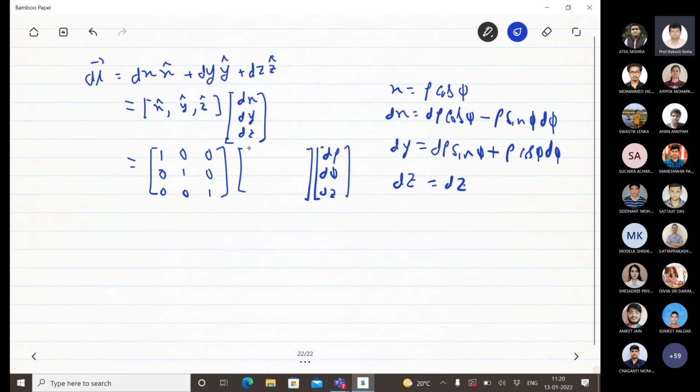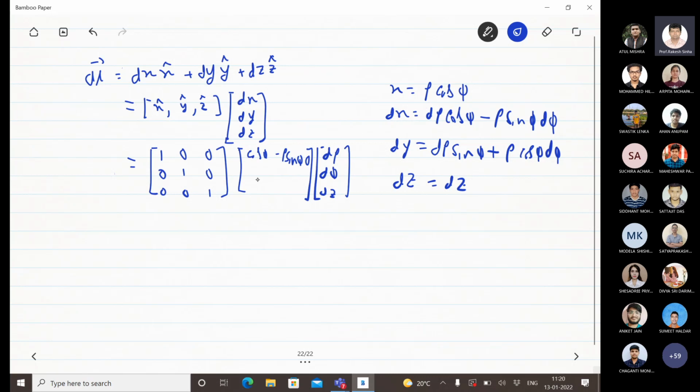It should be cos phi, then minus rho sin phi, and then 0.